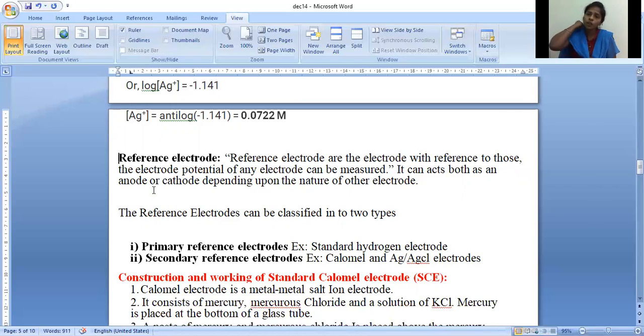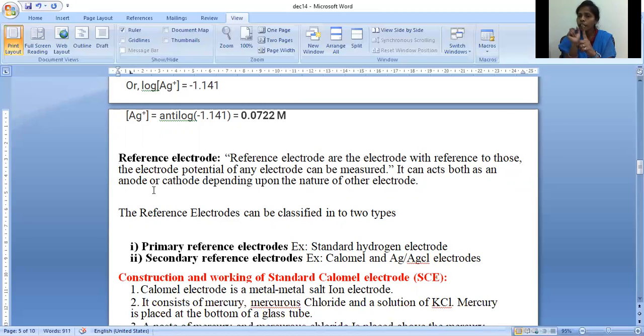Yes. So already I explained in the previous class. Let us assume these are the two electrodes. One is the unknown electrode and the other is the known electrode. So by using the known electrode potential value, we can find the unknown electrode potential value by connecting these two electrodes with the voltmeter.